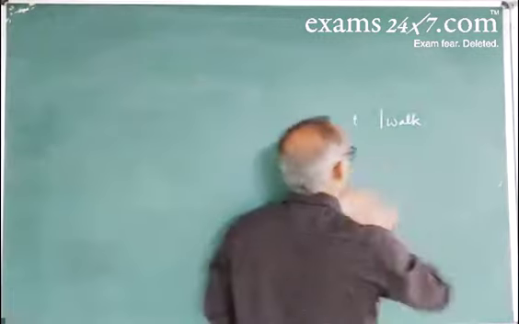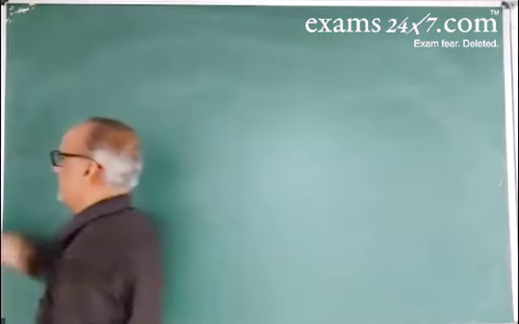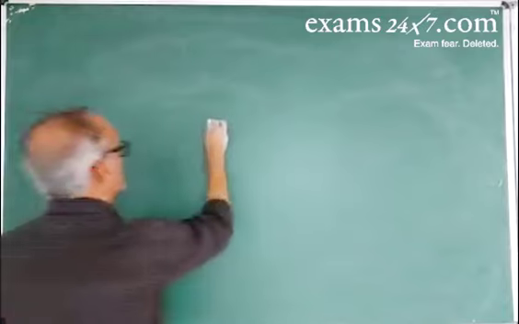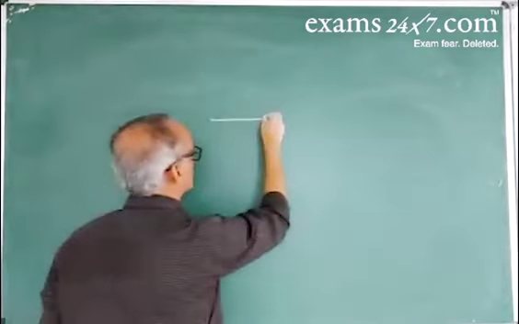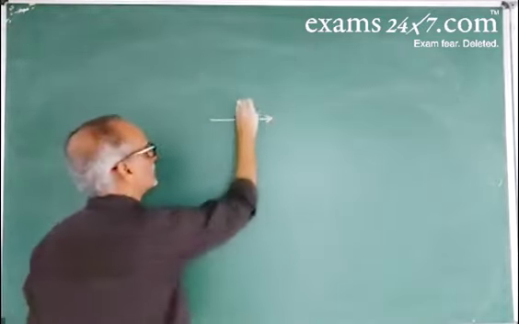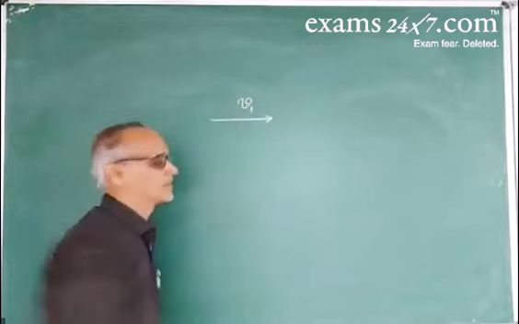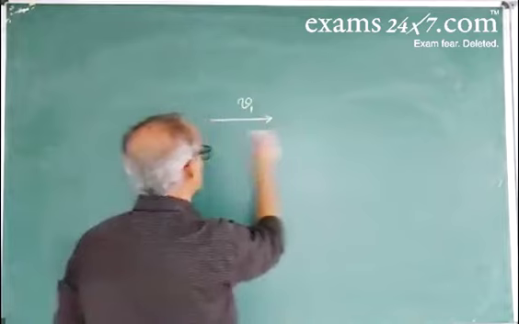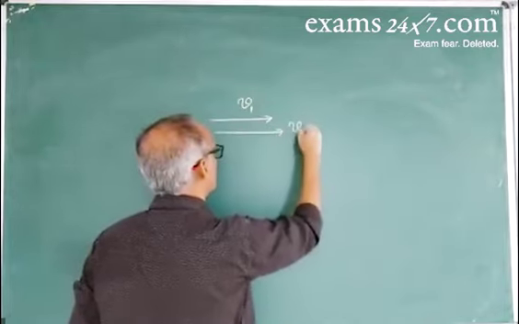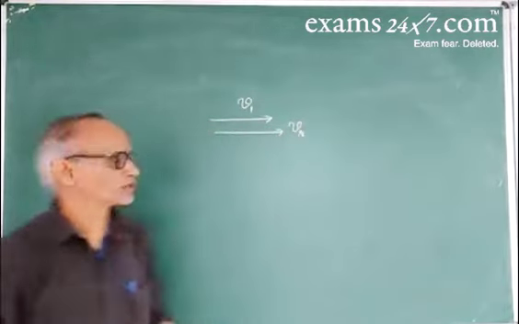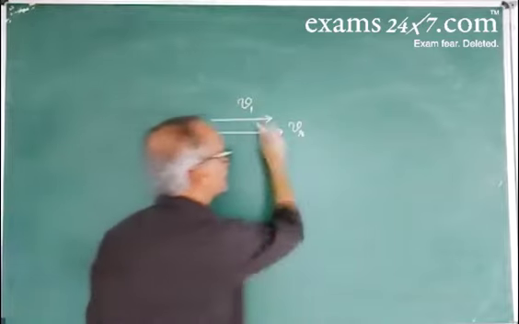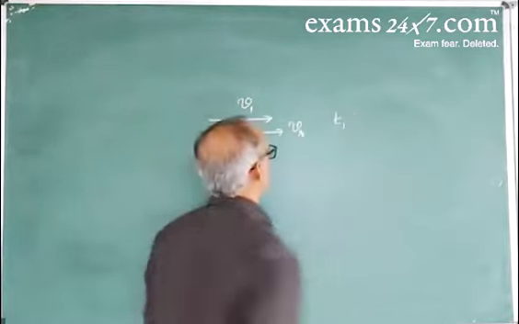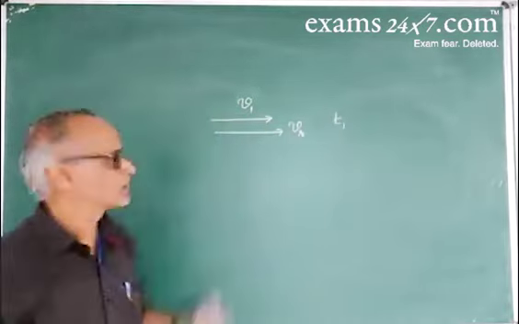One more similar equation I would like to give. There is a motorboat that moves with velocity VB downstream. There is a river flowing in that direction, with velocity VR, and the motorboat takes time t1 to cover a certain distance.